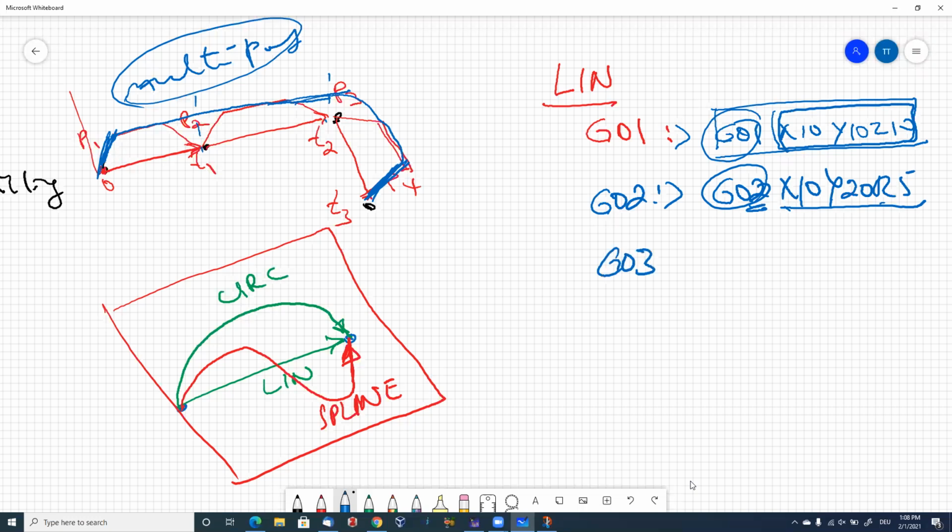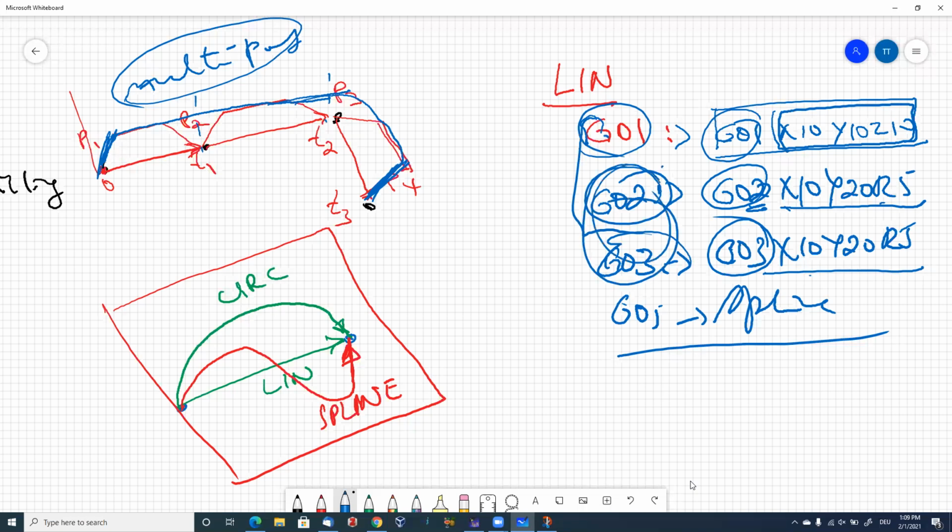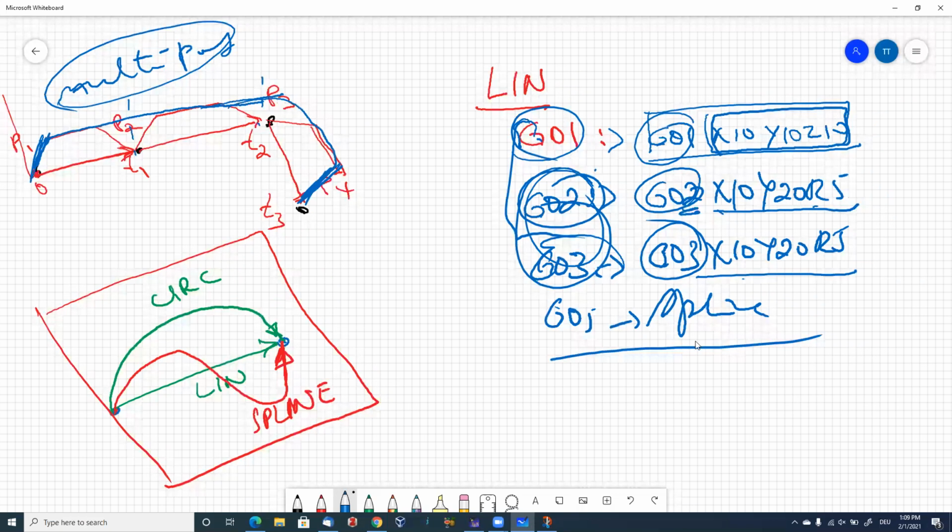The same is true if you use G03, move to the desired position from the current position. So this is linear motion, circular motion, and then you can extend to spline motion with the same concept. Even just having a concept of how G01, G02, and G03 work is sufficient for this lecture.